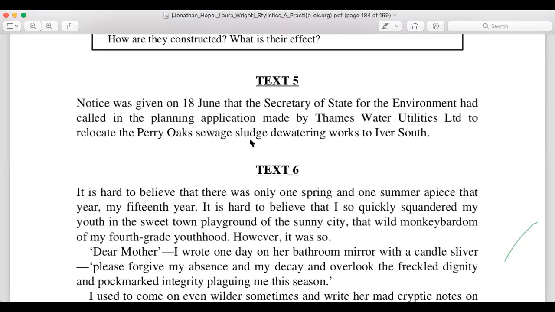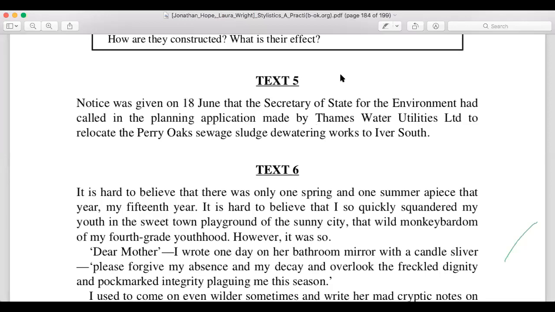Watering is a word also. We water the plants. So he wanted to say something that is opposite to watering, that is drying something up. So he has coined this word dewatering, which becomes acceptable stylistically because we understand what the writer, the one who has written the notice, wants to say.